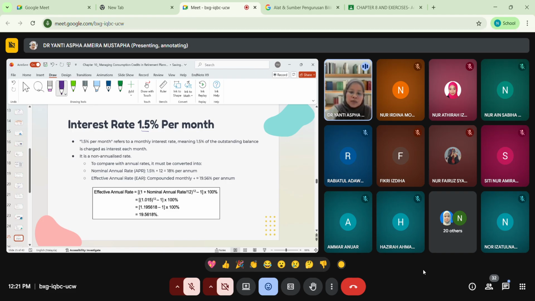So the nominal annual rate is 1.5 times 12, so 18% per year. That is more than 1.5% per month. So to find the effective annual rate, we can use this formula, using what we just multiplied, to find the actual interest rate. Let's just calculate it together.